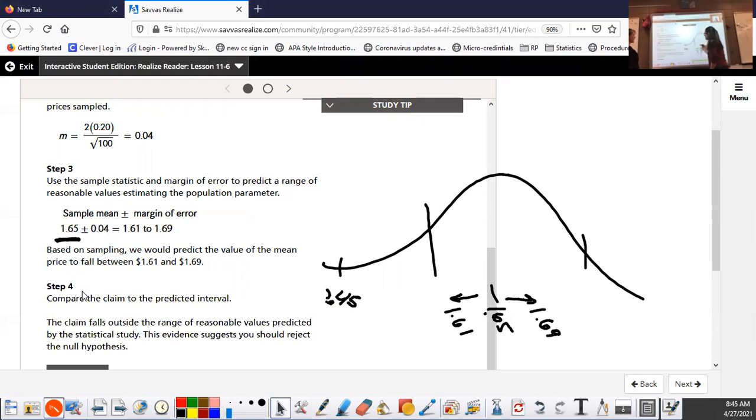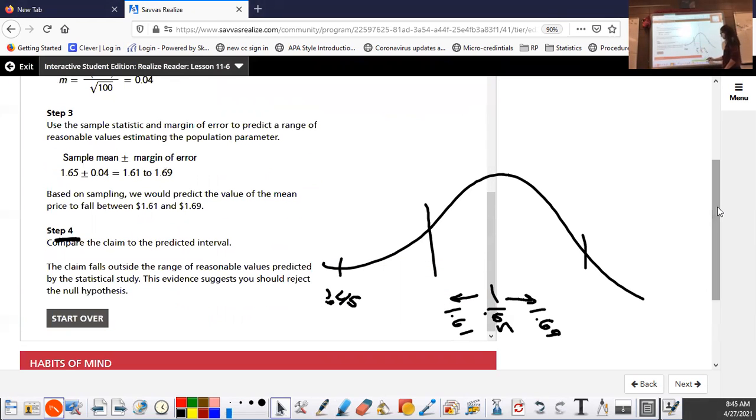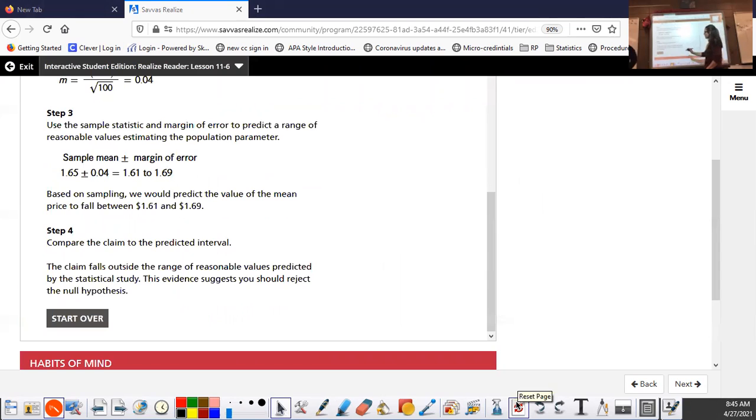So we compared the claim to the predicted interval. And the margin of error is bigger the fewer studies we have. So compare the claim. The claim falls outside the range of reasonable values predicted by the statistical study. The evidence suggests we should reject the null hypothesis. Let's go back up.